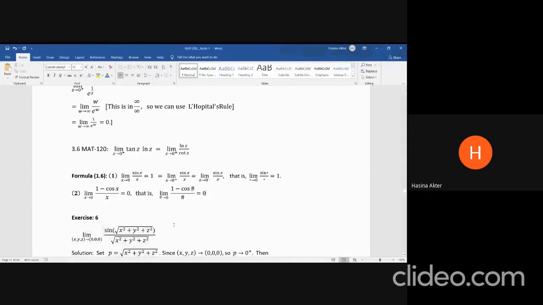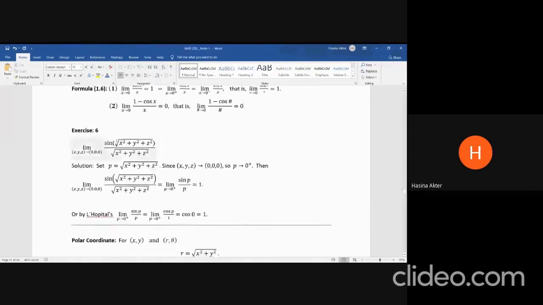For example, look at exercise 6. Say this is rho, or W, doesn't matter. Since x, y, z are approaching 0, 0, 0, rho must be positive and close to 0.